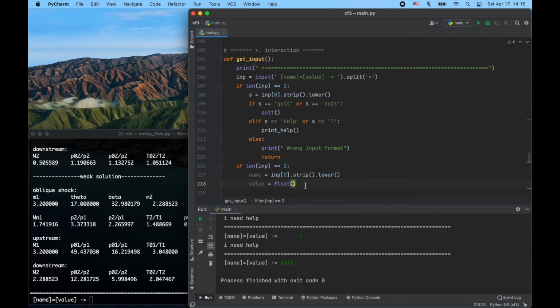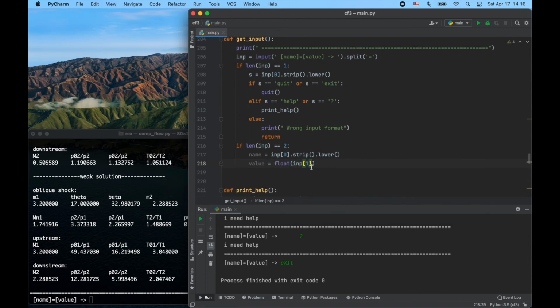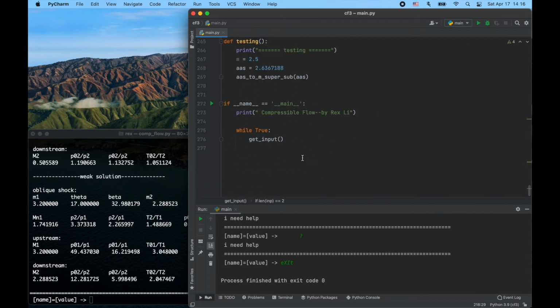This is because sometimes we have a wrong input for that, like number float equals to float, and the string is 1.2. This is correct because this string 1.2 can be converted into a float number.